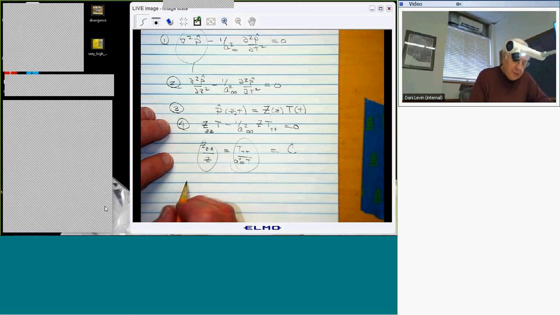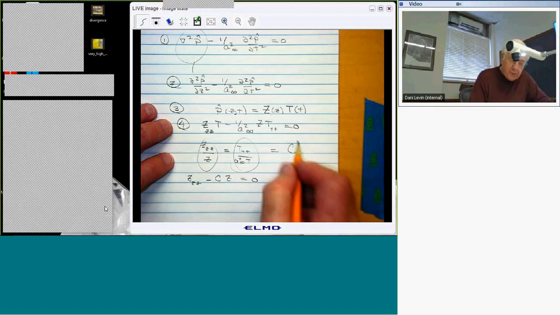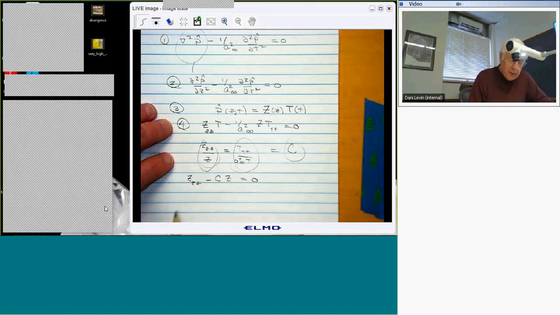Okay, so we have now Z sub ZZ minus CZ equals 0. That comes from using this and this, right? And then T sub TT minus C, did I do that right?